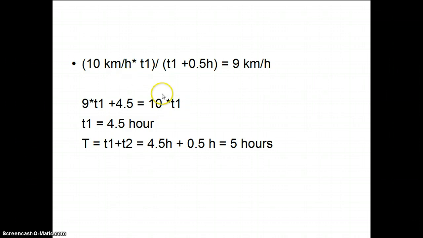Then when I subtract 9 T1 onto this side, I find that T1 equals 4.5 hours, is what it should say. My apologies. And the total time is just T1 plus T2. We already know what T2 is. That's 4.5 hours plus 0.5 hours. So the total time spent traveling is 5 hours.